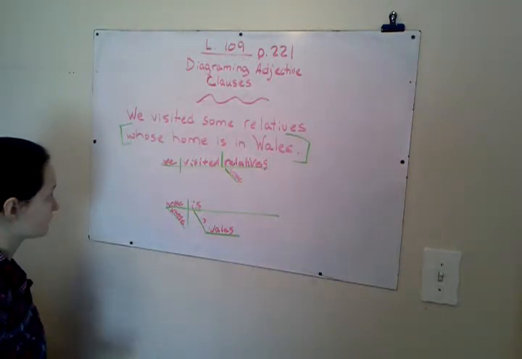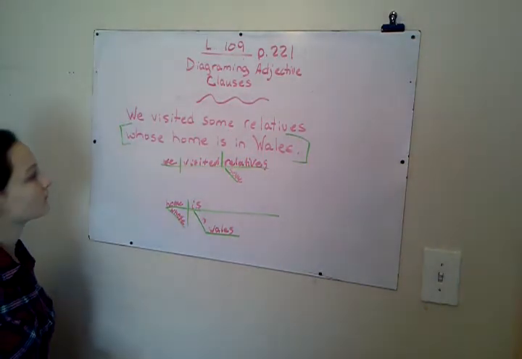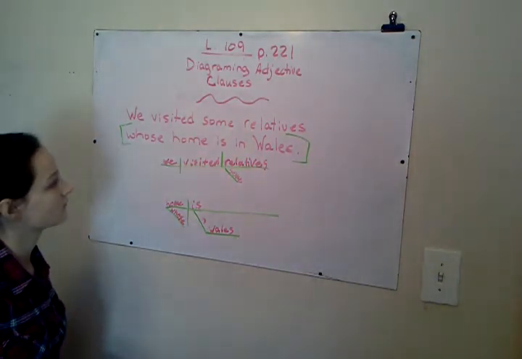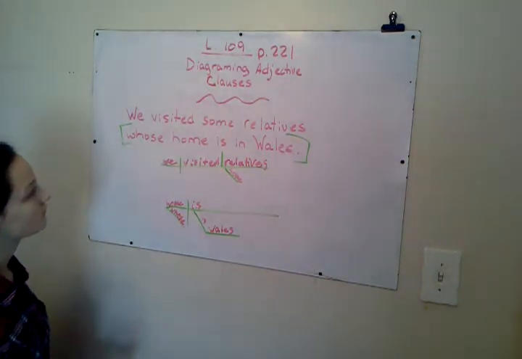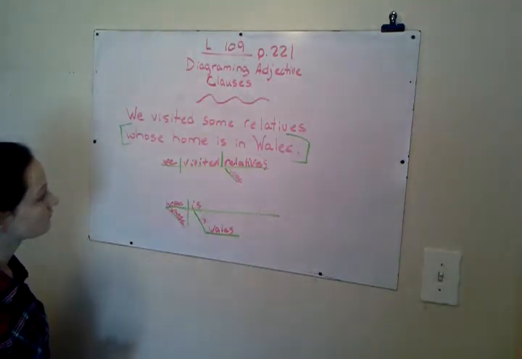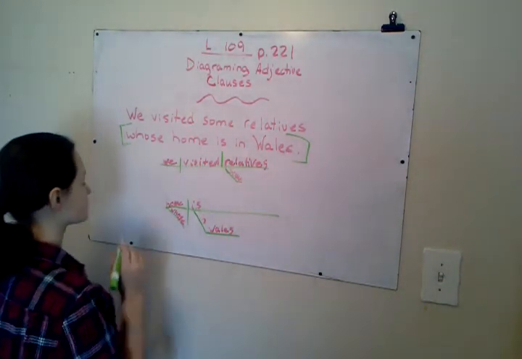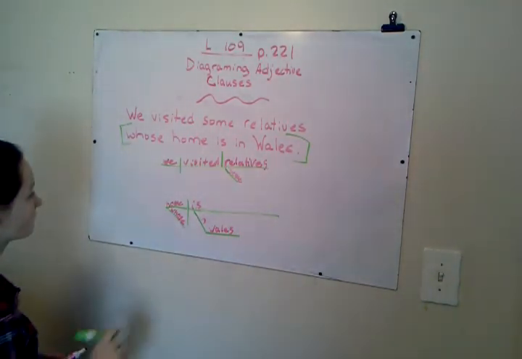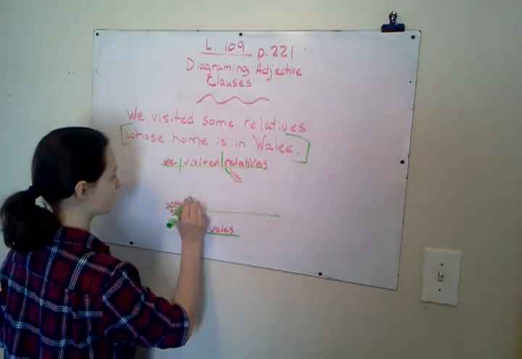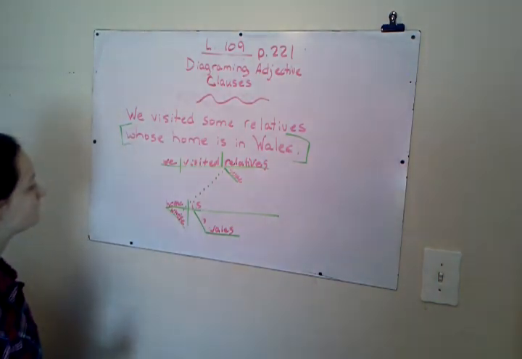Sometimes, like in this case, the relative is an adjective modifying the subject. That's fine. That's what they do. So, okay, we've placed every word. Now we just need to connect the clause back to the sentence. So we need to connect the relative whose back to the word that's being modified. And we decided that was relatives. So we're going to connect relatives to whose with a dashed line. Like that.